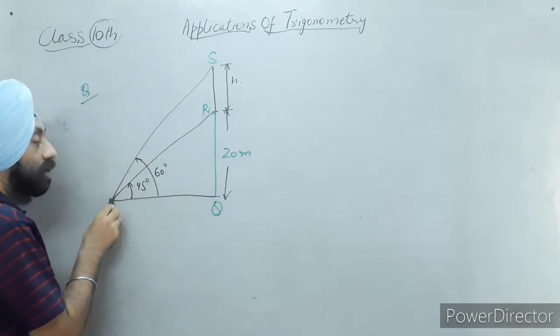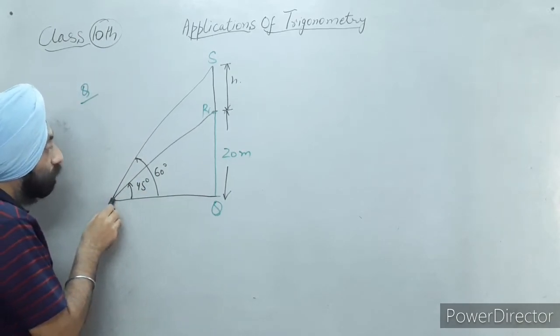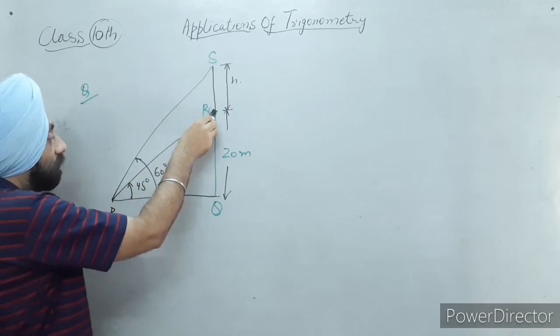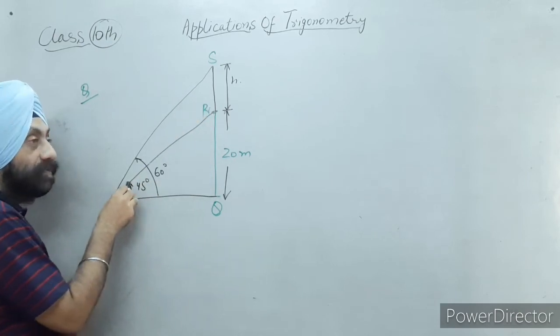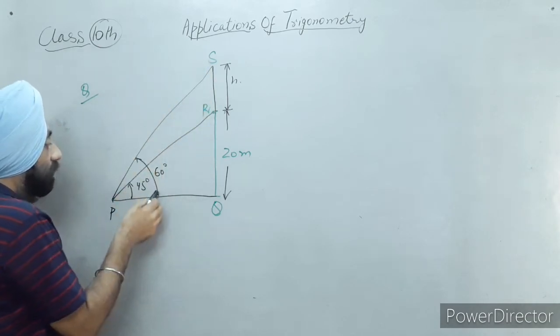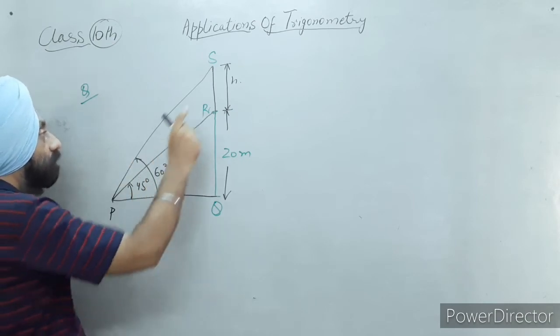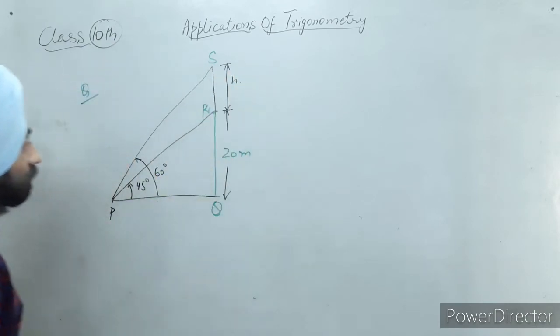The person is standing over here at a point P. When he looks at the bottom of the tower, his angle of elevation is 45. If he looks at the top of the tower, then his angle of elevation is 60 degrees. We have to find the height of the tower.